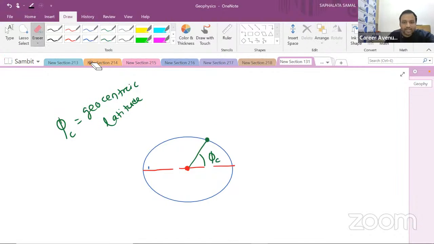Now, what is this geodetic one? To calculate the geodetic latitude, first we have to draw a tangent at this particular point. Then I will draw a line perpendicular to this tangent, and I will see where it cuts the equatorial plane over here. Now this angle, let's say phi d, is the geodetic latitude.